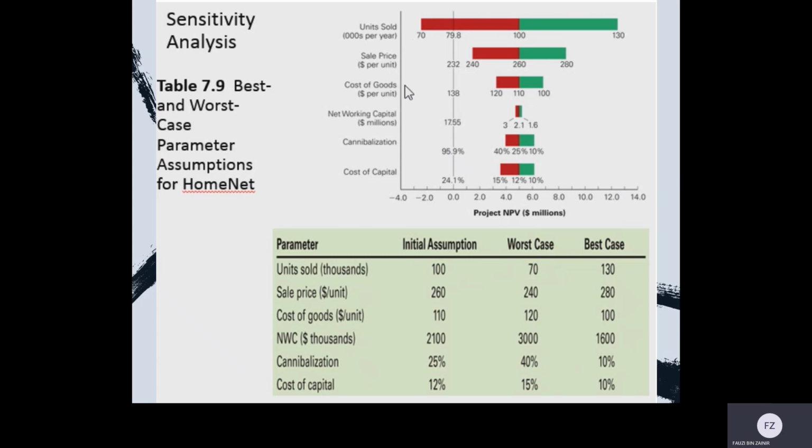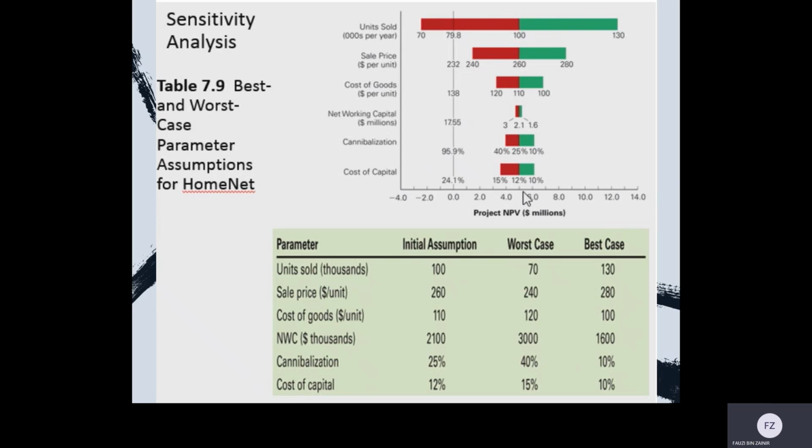How it's connected to this horizontal bar chart is that we have NPV on the horizontal axis, and we have all the line items lined up accordingly to the ones in this table. So if you look at the initial assumption, we start with 100,000.